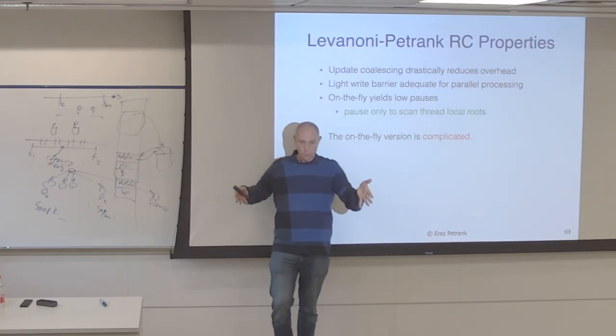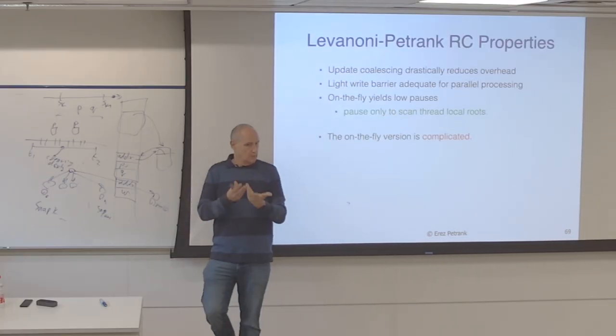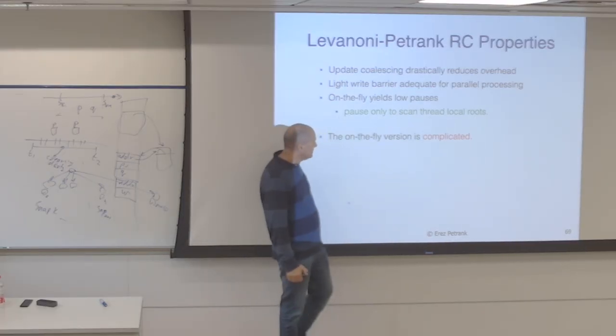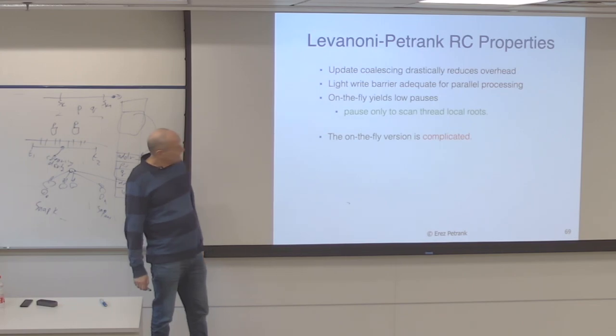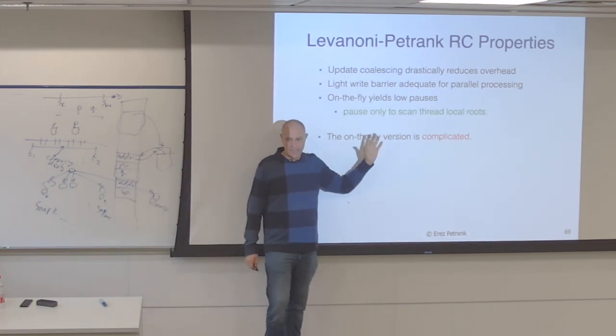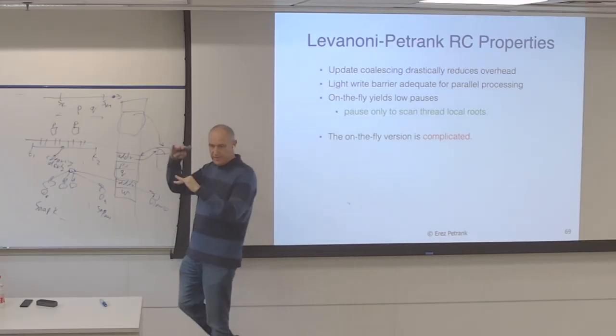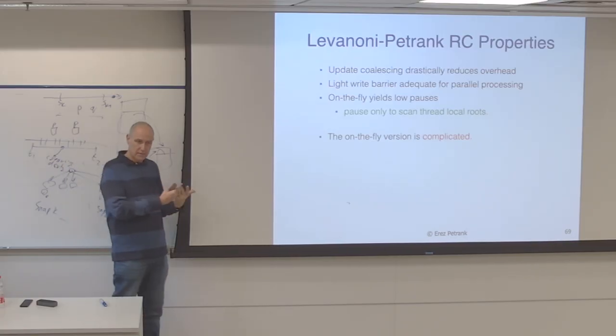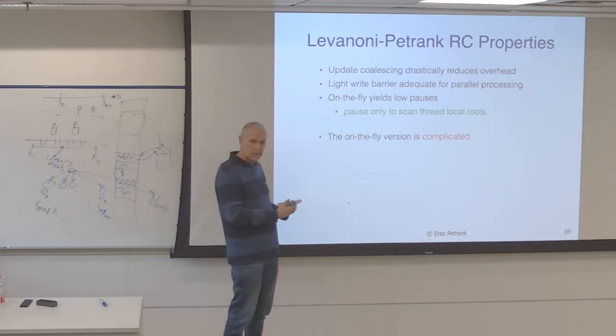You use snooping and sliding views. You become on the fly, and you have very short pauses. If you want to use the on-the-fly one, it's not simple. You remember that I skipped a few items because they were too complicated to discuss thoroughly in class.